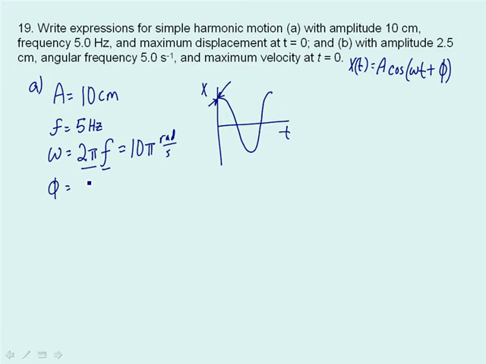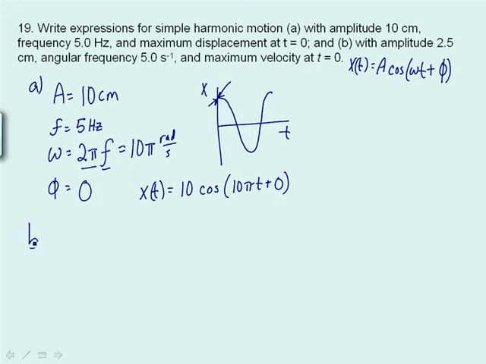So our phase shift is equal to 0. So x of t is equal to A, which is 10, times the cosine of omega, which is 10 pi, t plus 0, which is just 10 cosine 10 pi t.